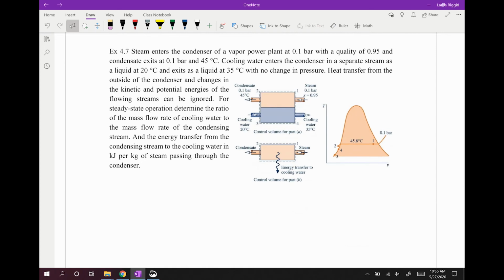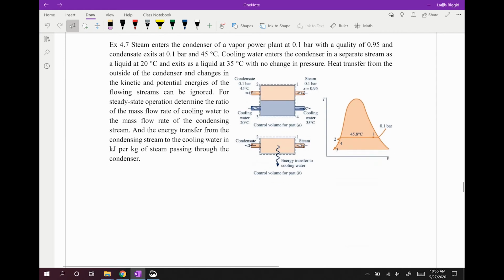First, we have steam entering a condenser of a vapor power plant at 0.1 bar with a quality of 0.95, and condensate exits at 0.1 bar and 45 degrees Celsius. Cooling water enters the condenser in separate streams as a liquid at 20 degrees Celsius and exits as a liquid at 35 degrees Celsius with no changes in pressure.